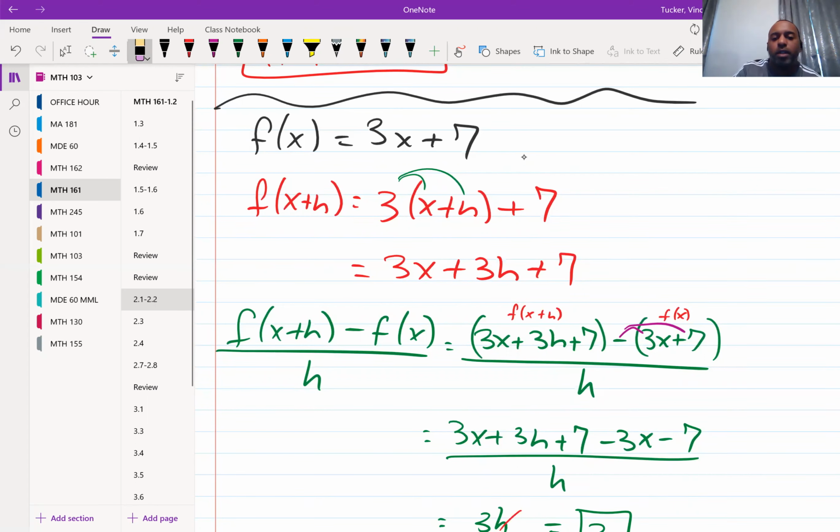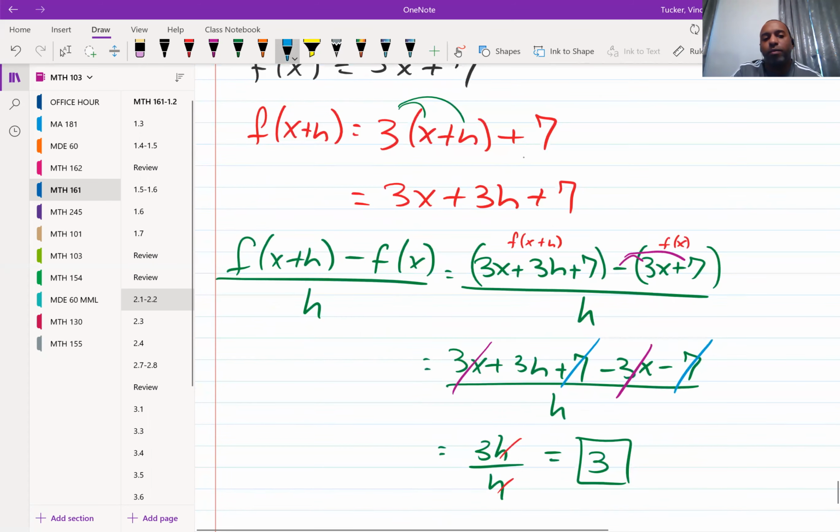So it's 3x plus 3h plus 7 minus 3x minus 7. Cancel out the terms that need to be canceled. So it's 3x and the 7. That leaves you with 3h over h. And h is canceled, and that leaves you with just 3.